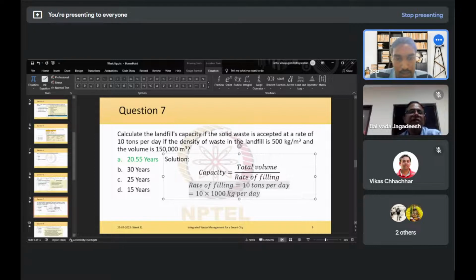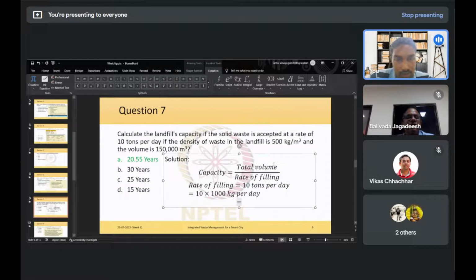So 10 into 1000 is the amount of waste getting added in kilograms per day. If we want this in terms of volume, we need to divide this mass by the density, which is also given: 500 kilograms per meter cube.